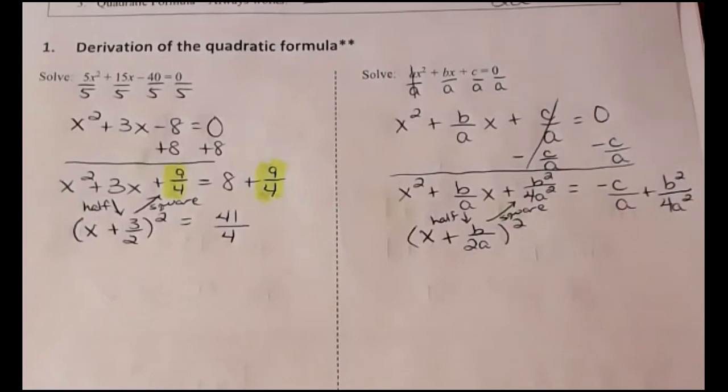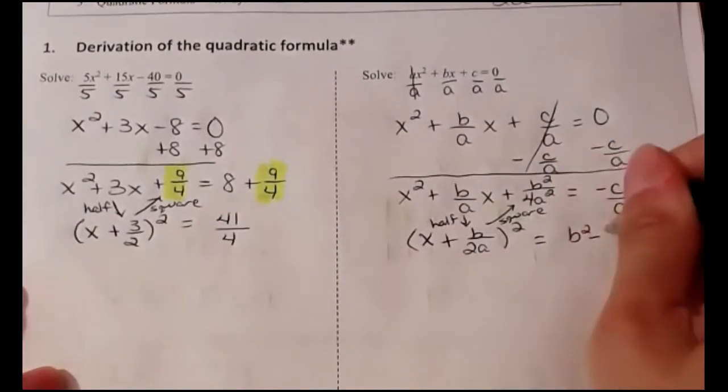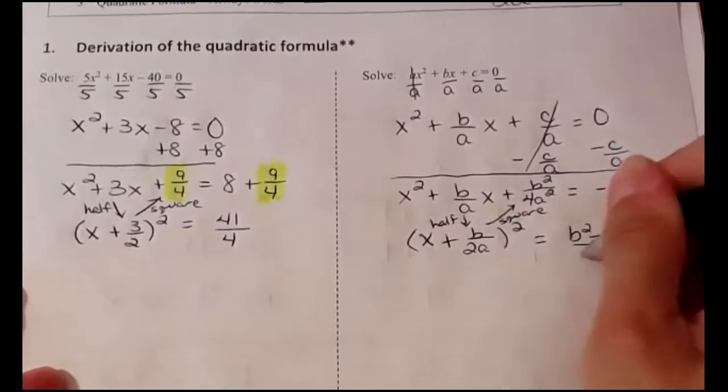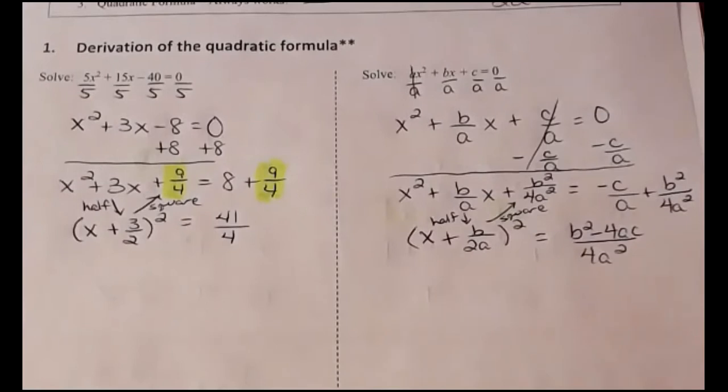When we combine these two, so b squared over 4a squared plus a negative c over a, or however you would like to look at that, you actually end up with b squared minus 4ac all over 4a squared. Remember, think about how you add or subtract fractions and the fact that you need a common denominator. So I'll let you again play around with this so that you can verify each of these pieces.